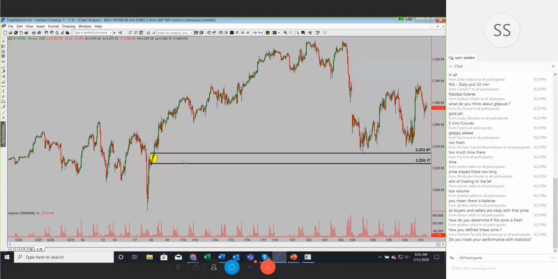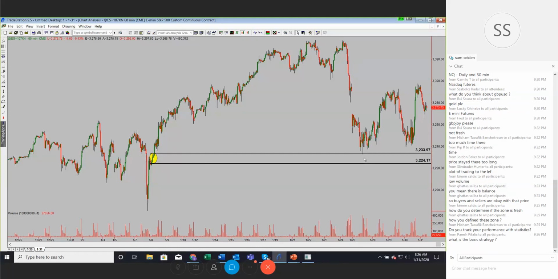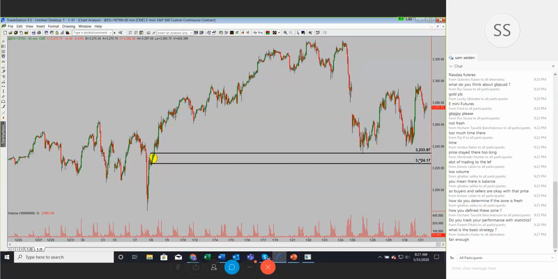Because remember, in each of these supply and demand zones, you have multiple price points of a supply-demand relationship, right? So the fact that price just touched this level and took off, doesn't that suggest that there's quite a big supply-demand imbalance there? Does that make sense? Okay, so in this case, we'd be expecting another bounce out of this area.